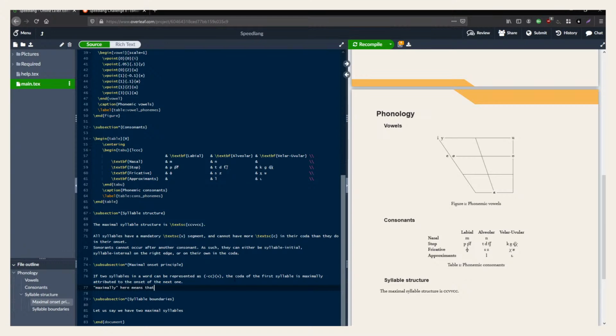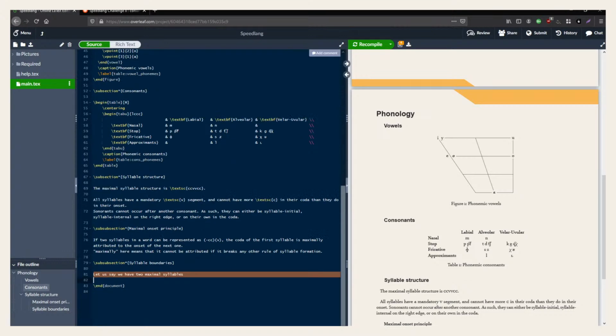Maximally here means that it cannot break consonants that, no. If it breaks any other rule of syllable formation. Should be good. Is CCC then allowed intervocalically? I'm going up to that. This is why I have this started right there.